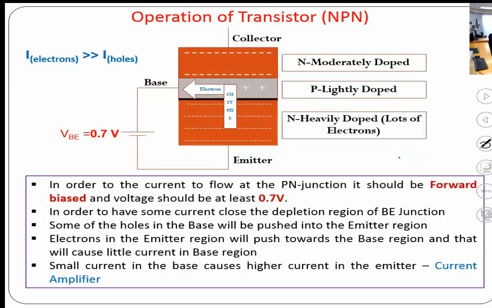That's why the term bipolar indicates that the current conduction is because of both charge carriers. There is an extremely small hole current, but a very huge electron current. But usually we don't take hole current into consideration because it's very, very small. We're talking about it in nanoamps.